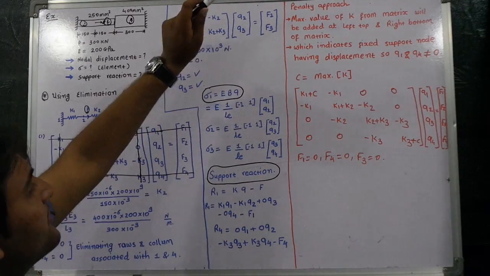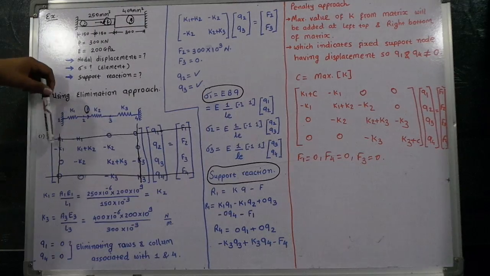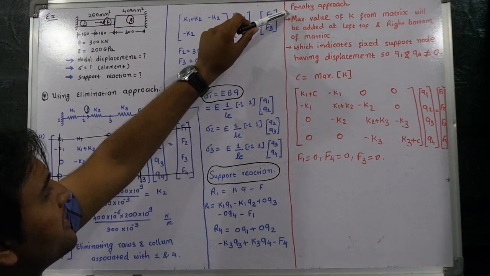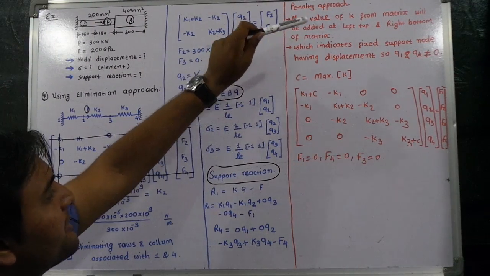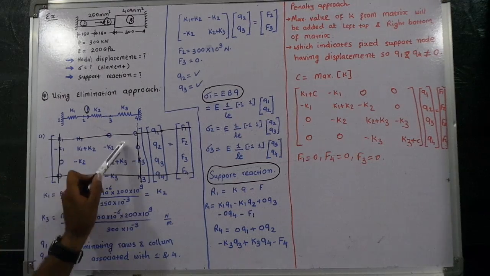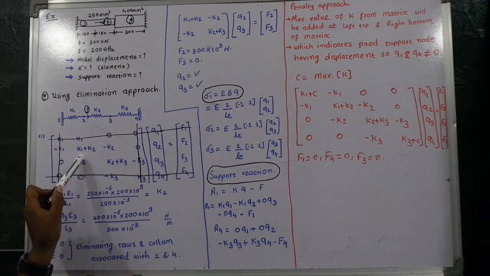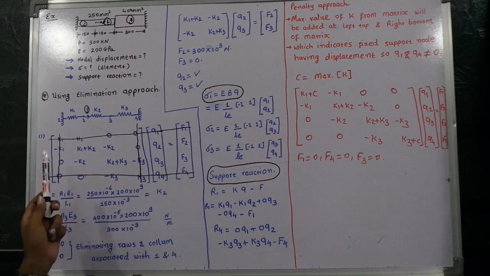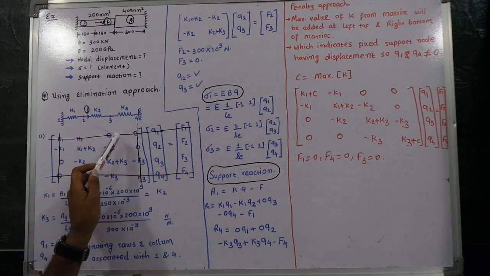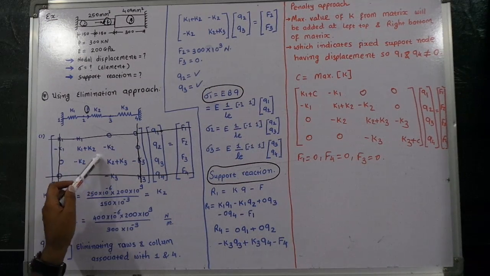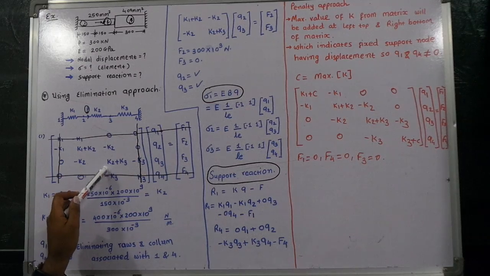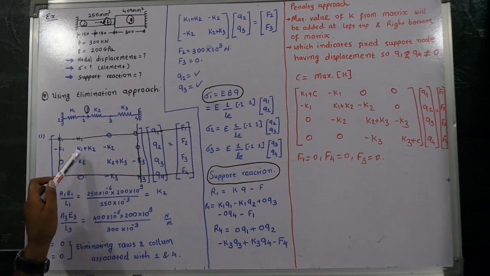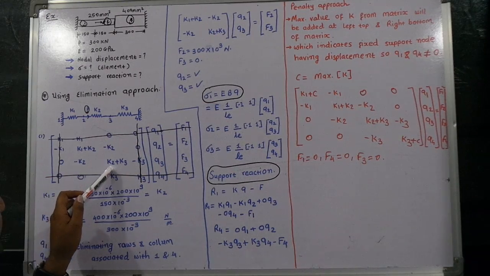Okay, this was the elimination approach. Now we are discussing the penalty approach. What is written here is that we take the maximum value from the stiffness matrix. The maximum value would be K1 plus K2, or K2 plus K3. Suppose everywhere is 1, only here it is 6, and here it is 5. So the maximum value will be 6.